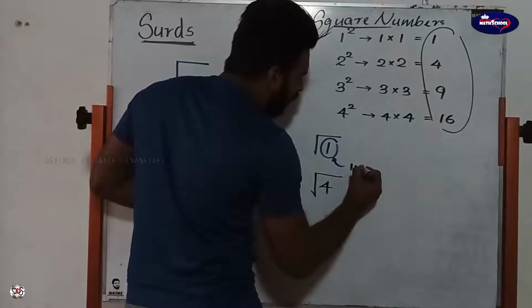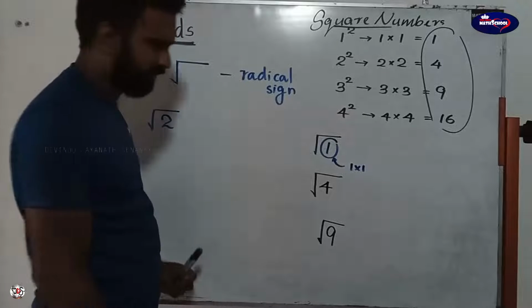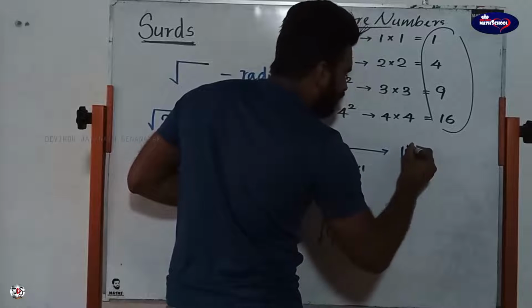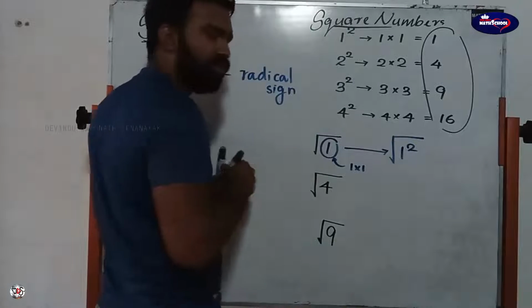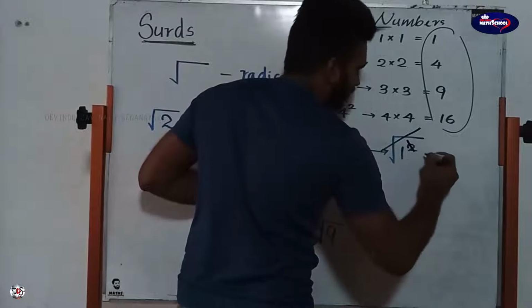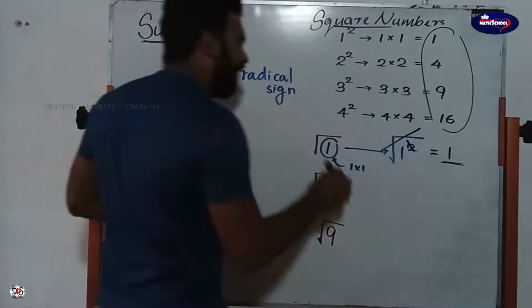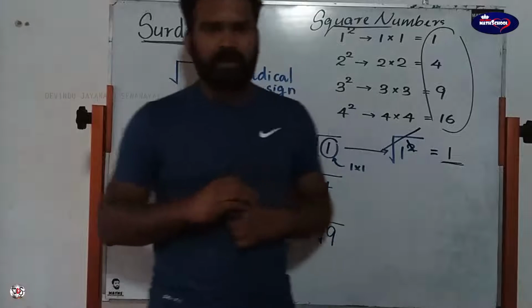We know 1 got multiplied by 1 and we got the answer 1. So we can write 1 into 1 as 1 to the power 2, and the square root of that cancels with the square, and the answer will be 1. So the square root of 1 is 1.